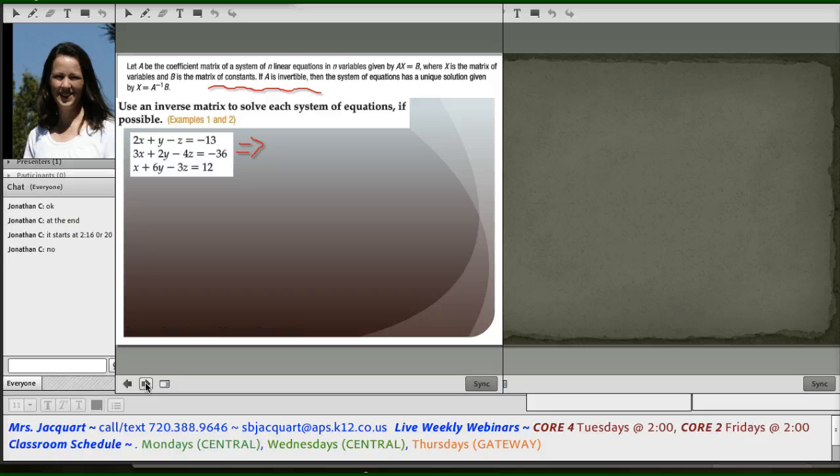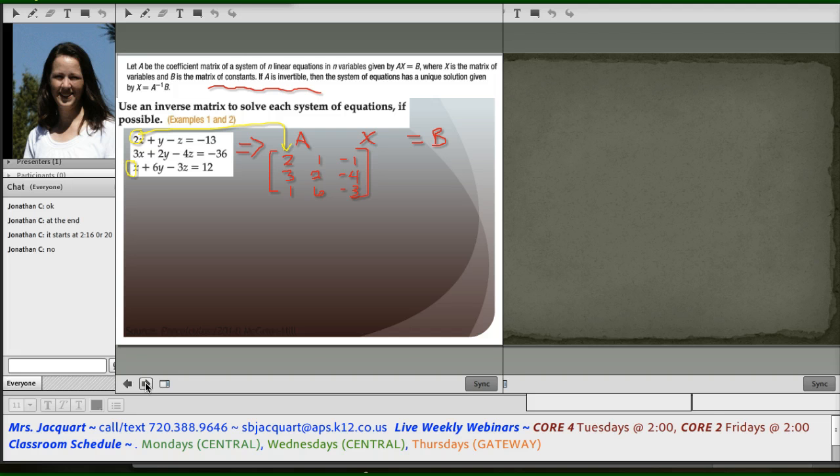what that would look like is we would have A times x equals B. Now A would be 2, 1, -1, and then we'd have 3, 2, -4, and we'd have 1, 6, -3. Now just a reminder where these come from: they're the coefficients from there.